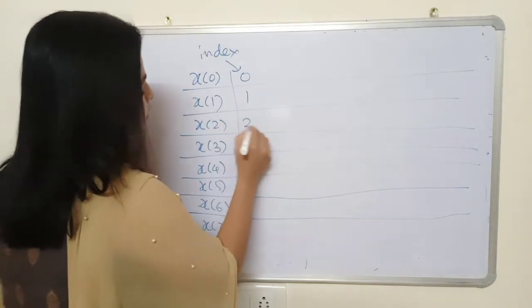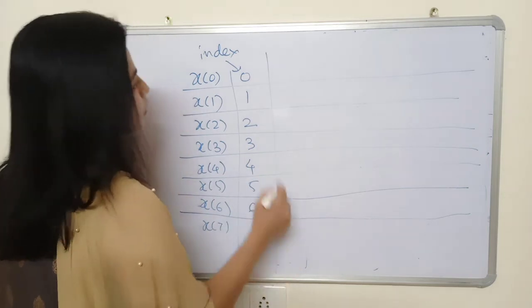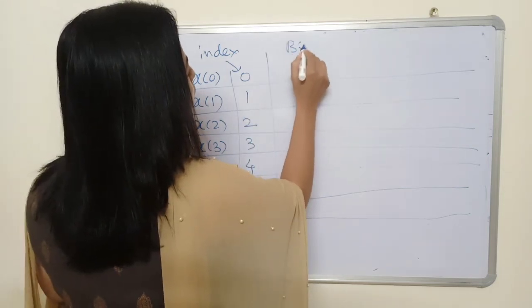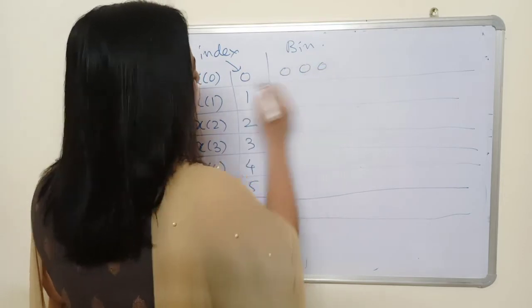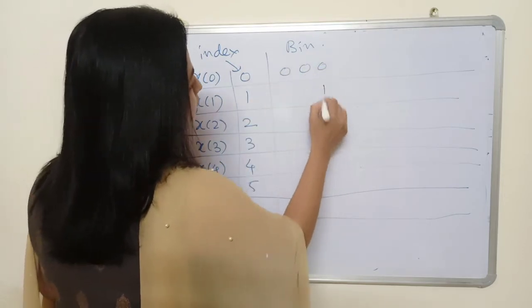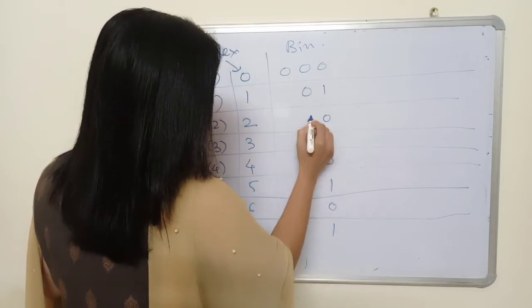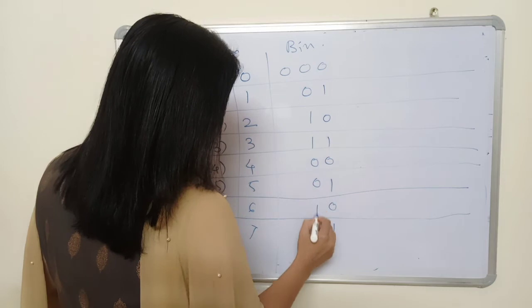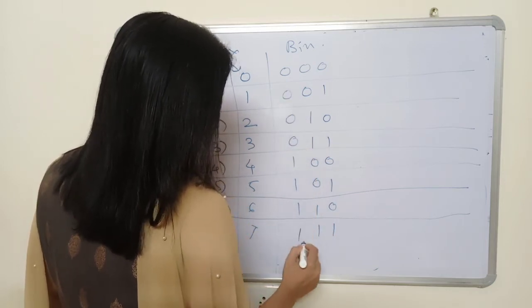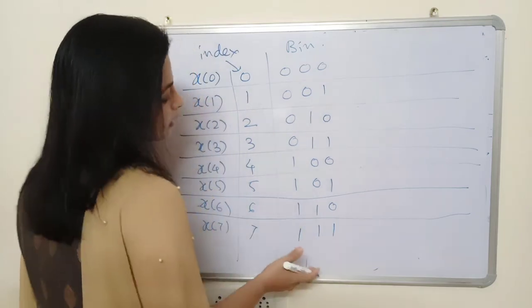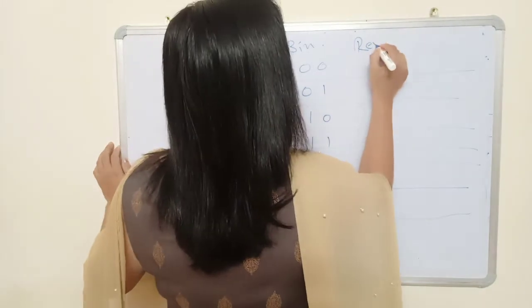I'm writing these numbers, 3, 4, 5, 6, 7. In binary these numbers can be written as 0, 0, 0, and so on. All the numbers can be written in binary, 0 to 7. You can see the reverse order.